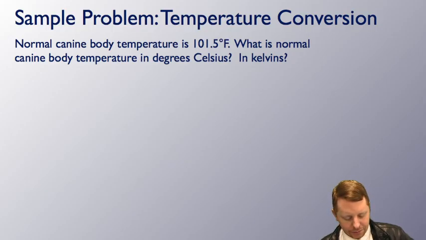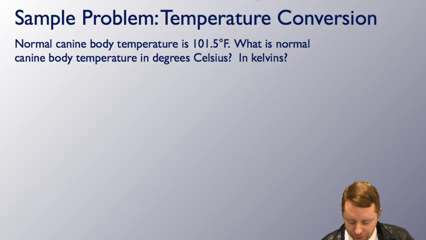So let's take a look here. Normal canine body temperature is 101.5 degrees Fahrenheit. What is normal canine body temperature in degrees Celsius and in kelvins?